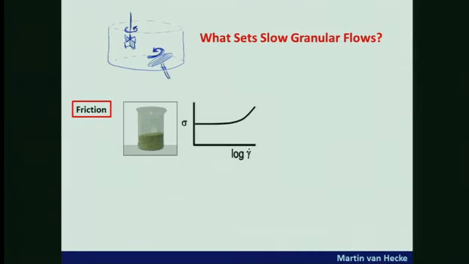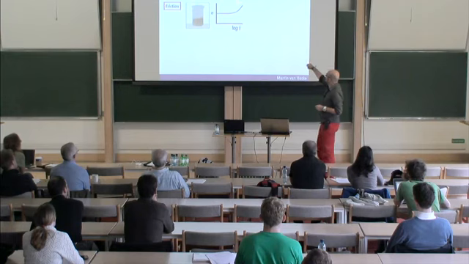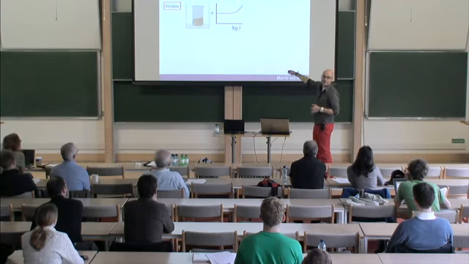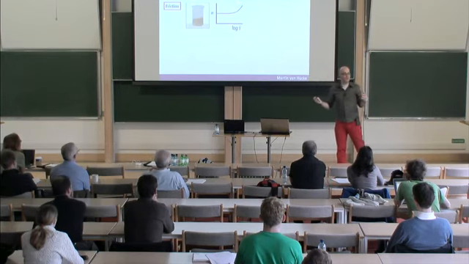And so what I want to do is make a plot of the stress, which I will denote with sigma, versus the flow rate or the strain rate, gamma dot. And in rheology, you typically plot it as a function of log gamma dot. That's not so important. And I think the lowest order description that we have is a curve like this. If you go really fast, if collisions start to play a role, if you come into the kinetic or inertial regimes, the stress goes up with flow rate, as it would for any ordinary material.